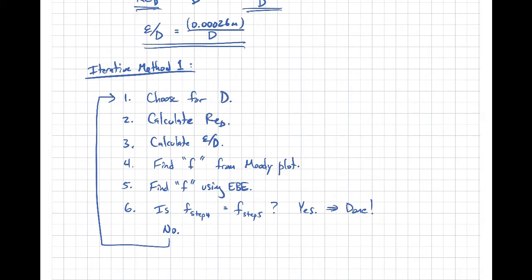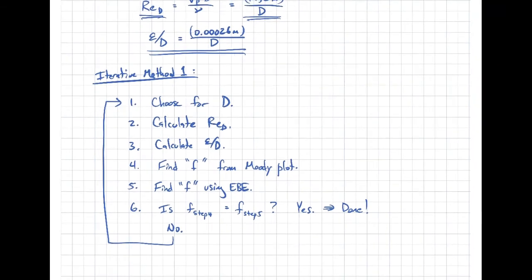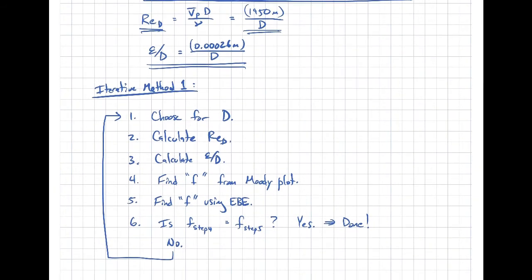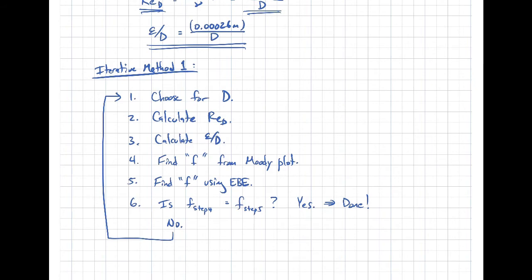So that's kind of a flaw of this method. On the plus side, it's pretty easy to solve the equations using this iterative technique. To find the friction factor in step 5, once you know the diameter, is pretty straightforward. So that's the plus of this iterative method, but the downside is you really don't have much guidance on choosing a new guess for your diameter.